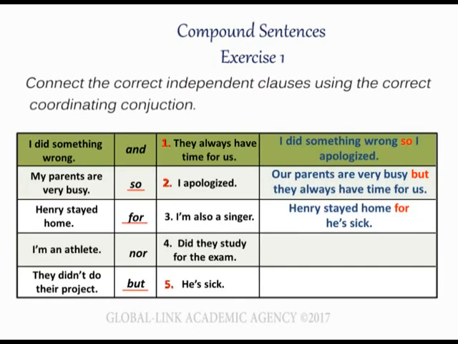The fourth one, I'm an athlete. The correct independent clause is I'm also a singer. How about the conjunction? And. I'm an athlete and I'm also a singer.